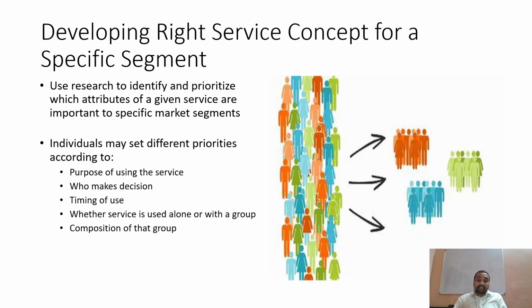When I say important, what are those things which are really important? Like we have seen, safety, comfort are very important, hygiene is important. When we are choosing a university, let us say, what is important? Degree, education, right? And then you have to see that individuals may set different priorities according to the purpose of using the service. Why do they need the service?